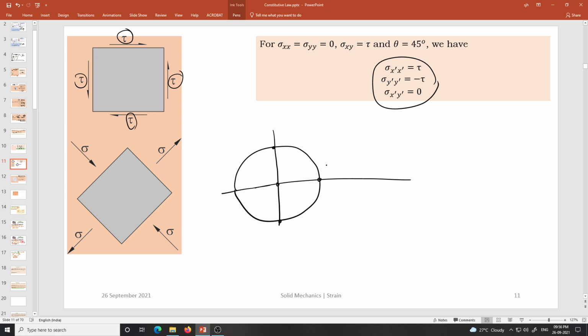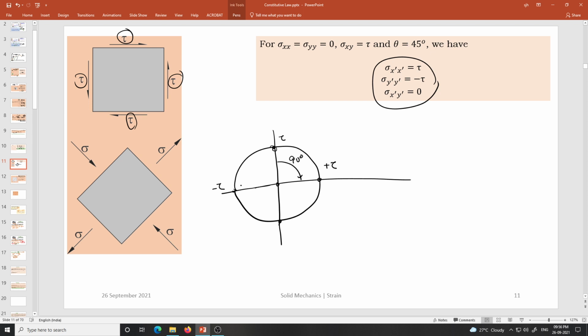This is the plus tau, this is the minus tau, and this is the other direction, the other section, x plane and y plane. So we see that 45 degrees in the physical element means 90-degree rotation on the circle, and we are going to get the direct stresses taking the same magnitude tau.